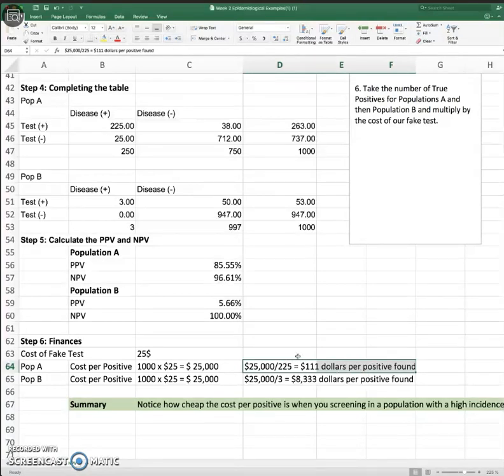So if I spend $25,000 in population A, I find 225 people, potentially notify them, get them linked into care, and reduce the risk that they will transmit to 2 additional people per infected individual, which is potentially the reproductive value of HIV in the United States. So I have potentially saved 450 people from being unknowingly infected by finding 225 people.